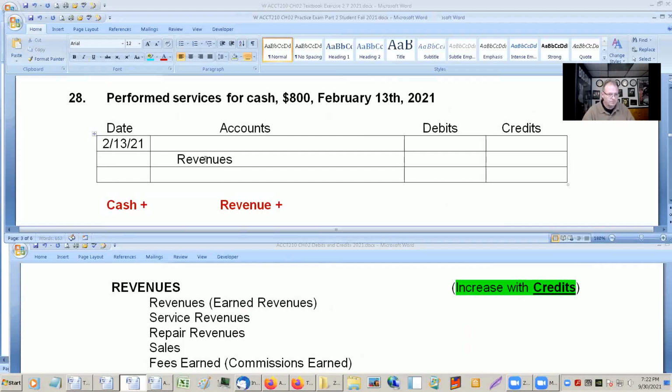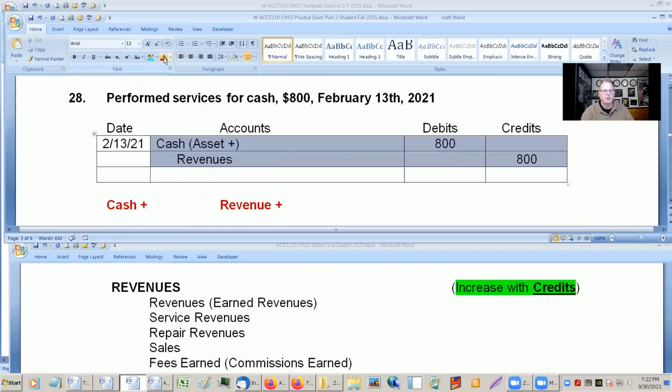Cash is an asset, so it becomes a debit. Increase with debit. And service revenue will go up with credits. If you put service revenue or services earned or something like that, it's a revenue account that would be increasing.